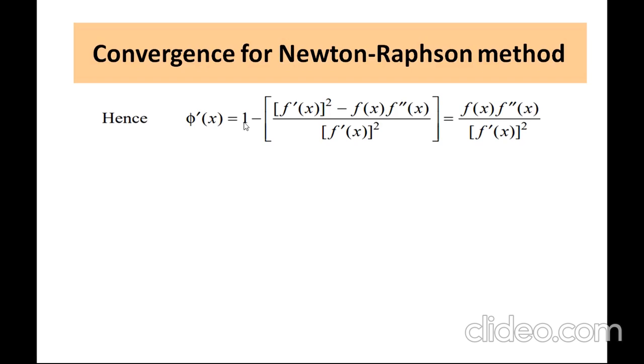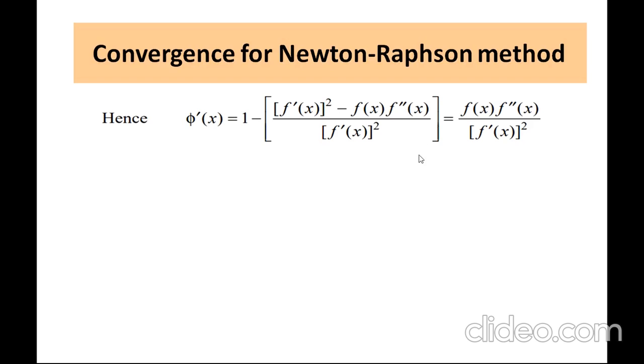So the first derivative is 1 minus [f dash of x squared minus f of x into f double dash of x] upon [f dash of x] squared, where f dash of x is the first derivative and f double dash of x is the second derivative.